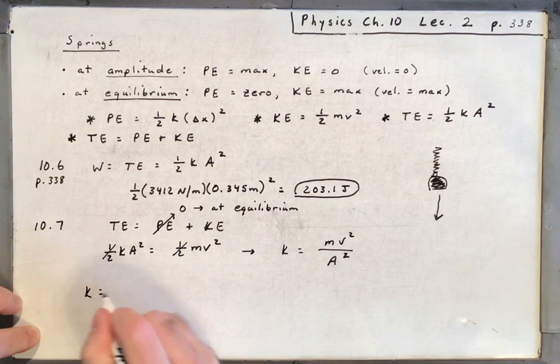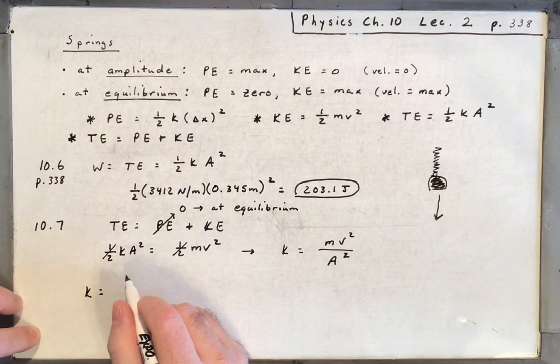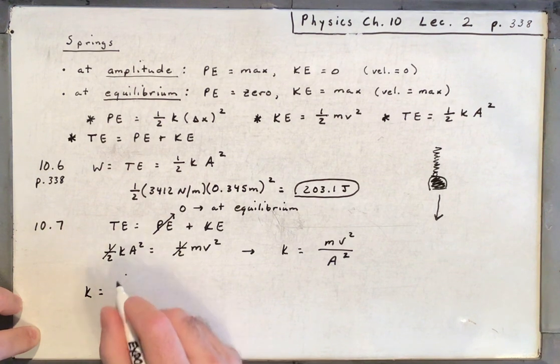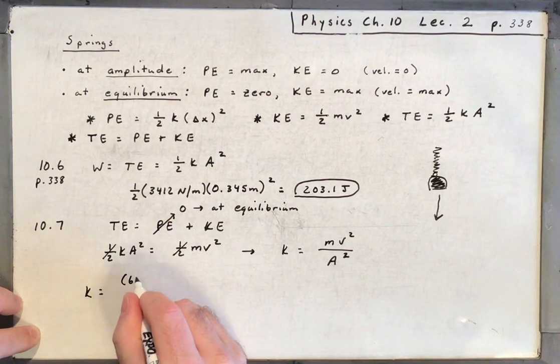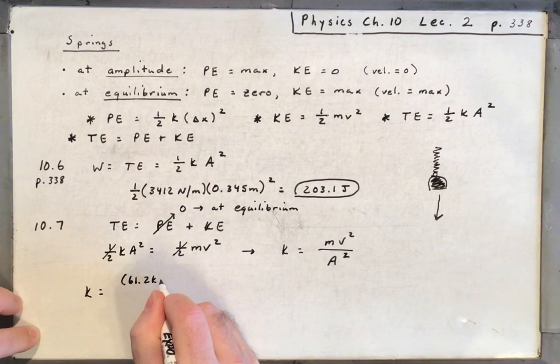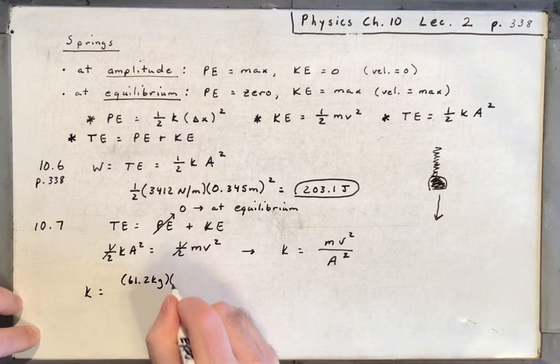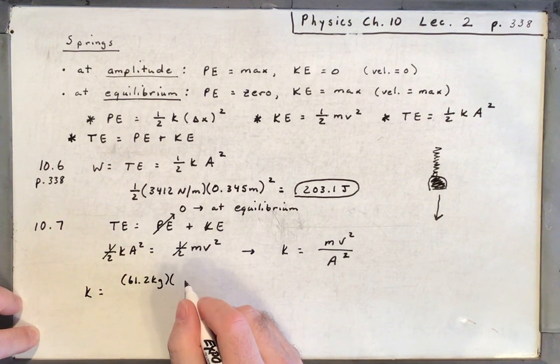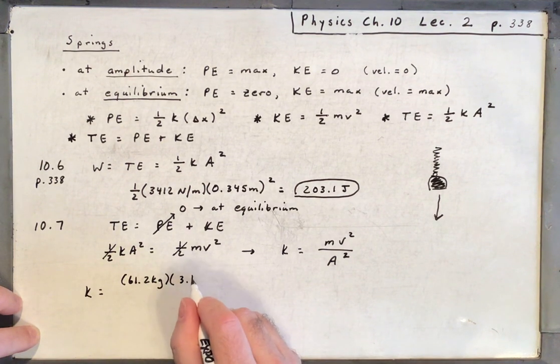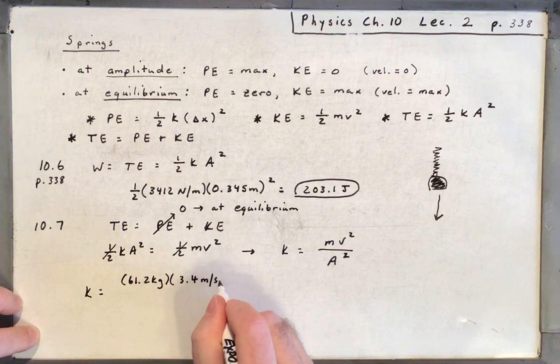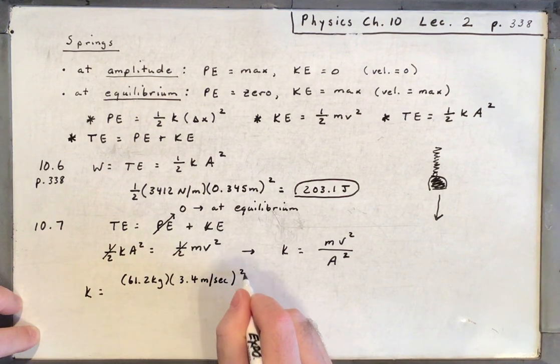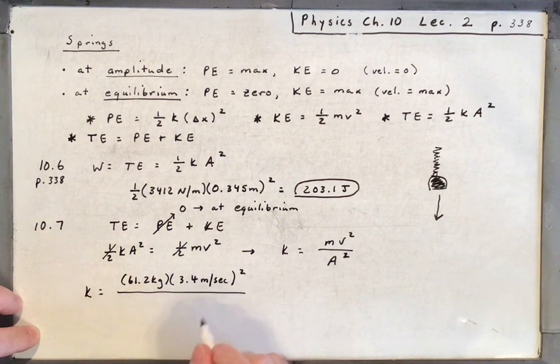All right, so k is going to be, the mass is 61.2 kilograms. Sorry if I made you erase a little bit there. 3.4 meters per second, got to square that.